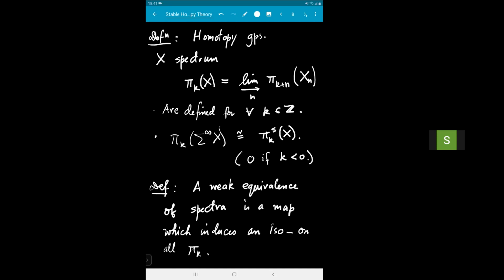So, examples. One example is these suspension spectra, but there are other examples which I should mention: Eilenberg-MacLane spectra.